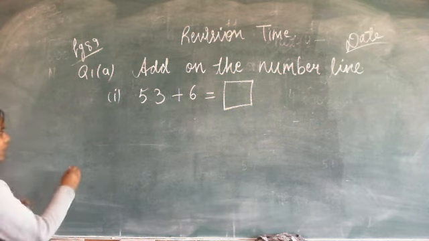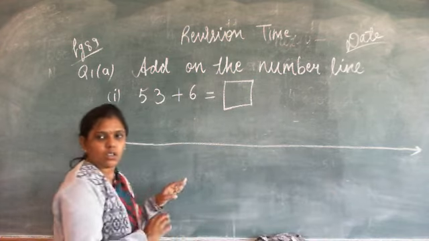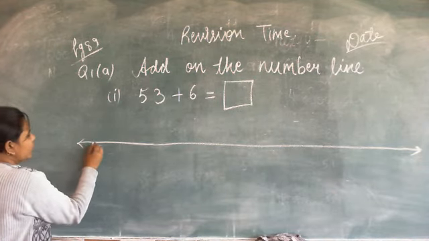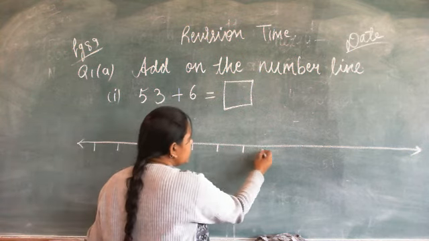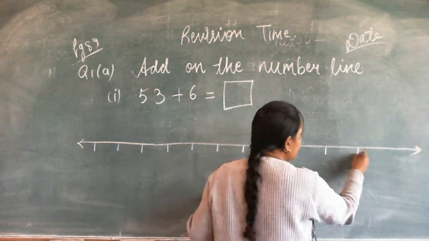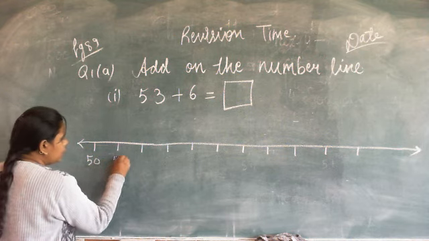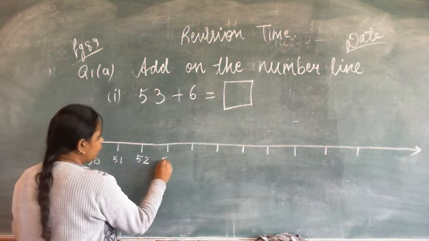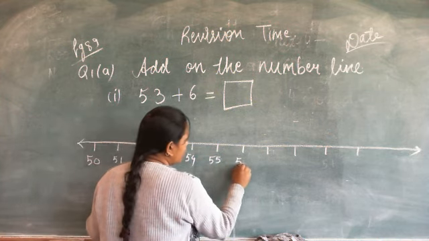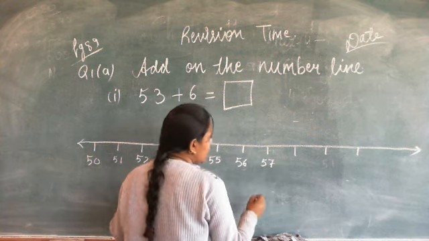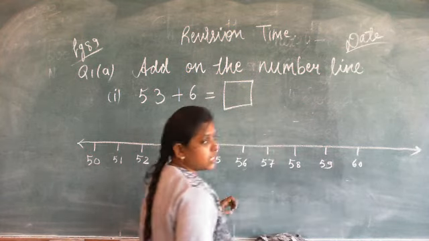You don't erase your number line. 50, 51, 52, 53, 54, 55, 56, 57, 58, 59 and 60.